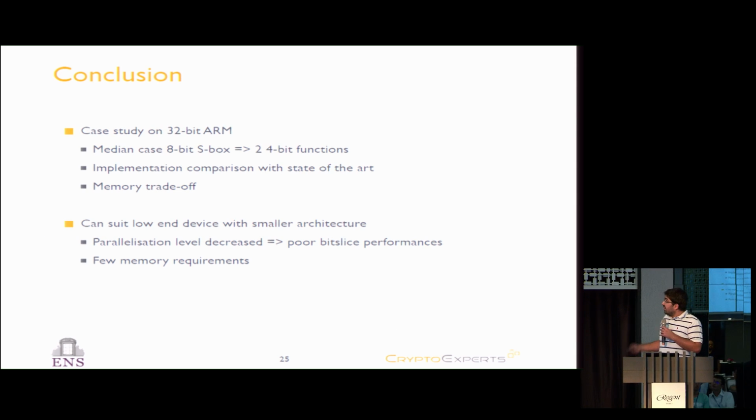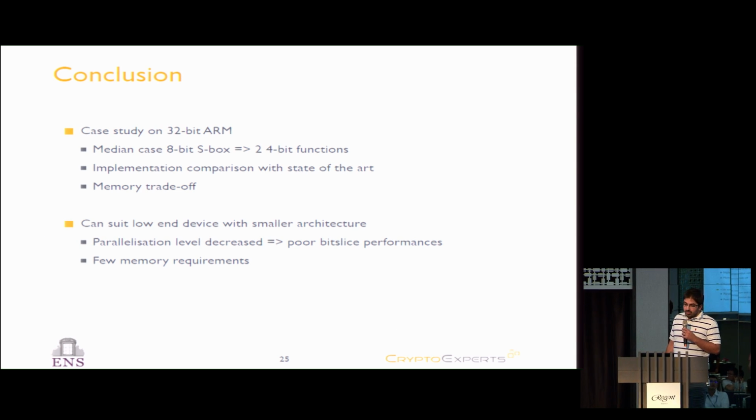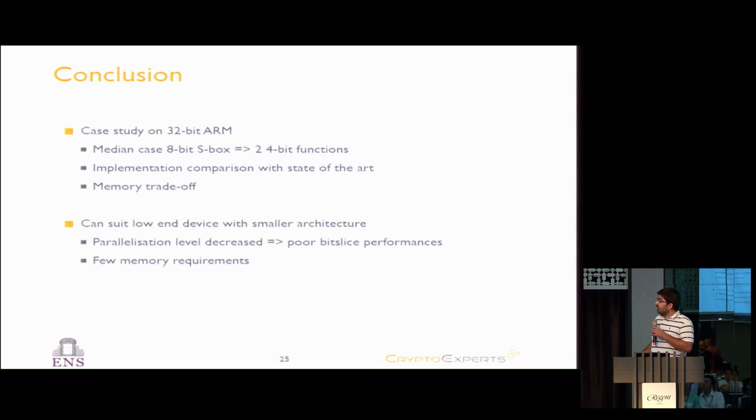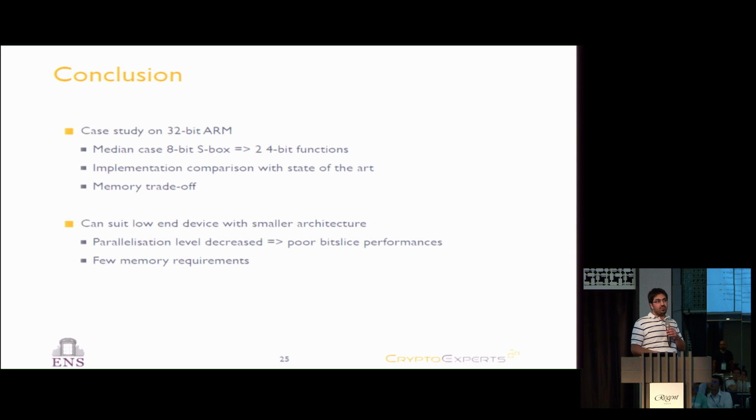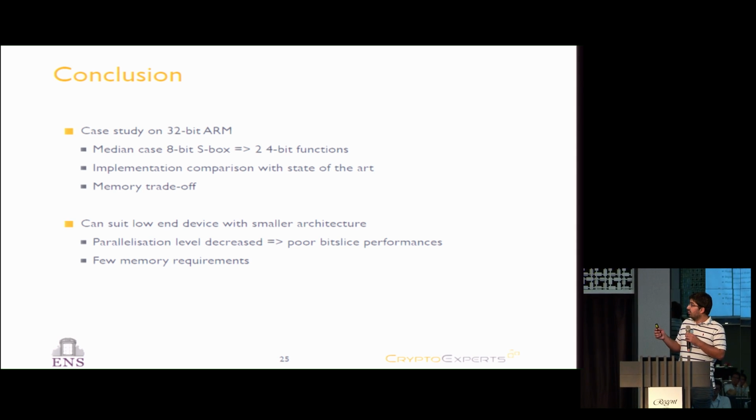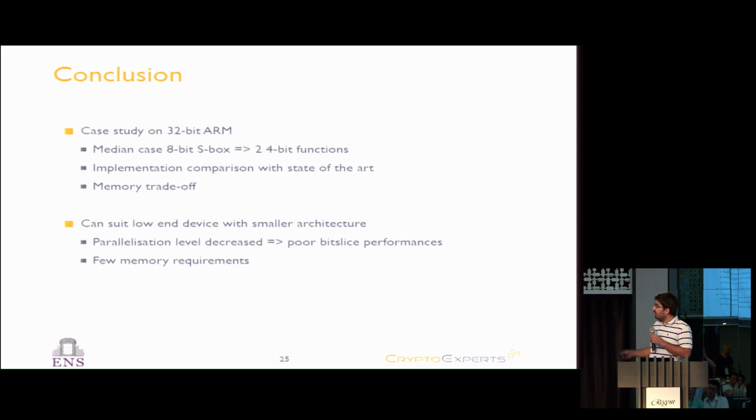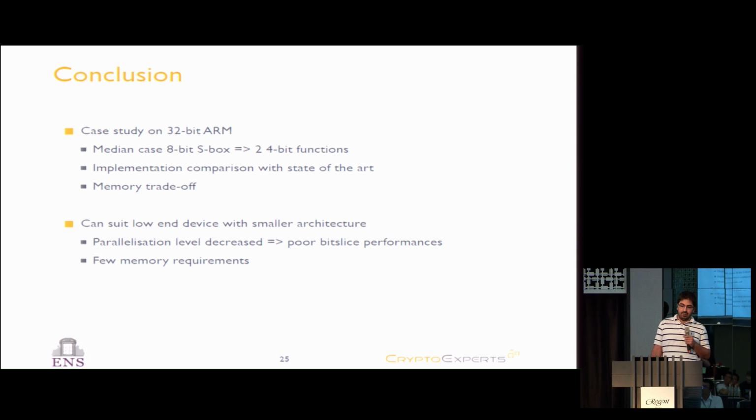We also did a case study on a 32-bit architecture, an implementation comparison with the state of the art, and we can find a memory trade-off. This can be well suited for low-end devices, since the smaller your architecture is, the less poorly the bit size performs, and it has few memory requirements. So this can be well suited for low-end devices.